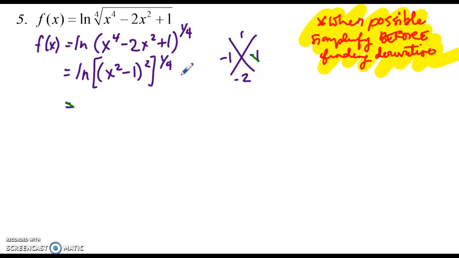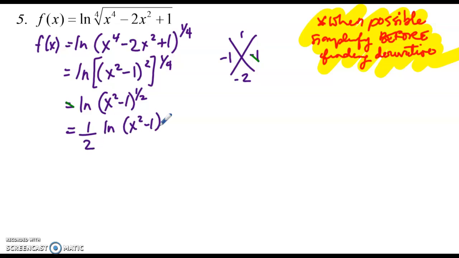Let's do that. The natural log of x squared minus 1 to the power of, now an exponent onto exponent we multiply, so that would be 2/4. That would be a half. Good. Okay, now the rules of natural logs and logs, we know that this exponent can come out as the coefficient. So that looks a lot simpler than what we started with.